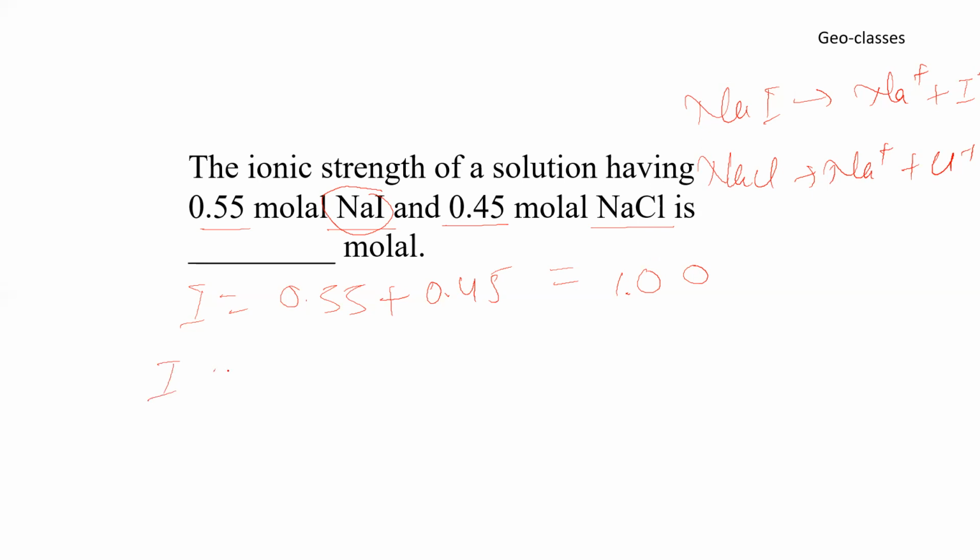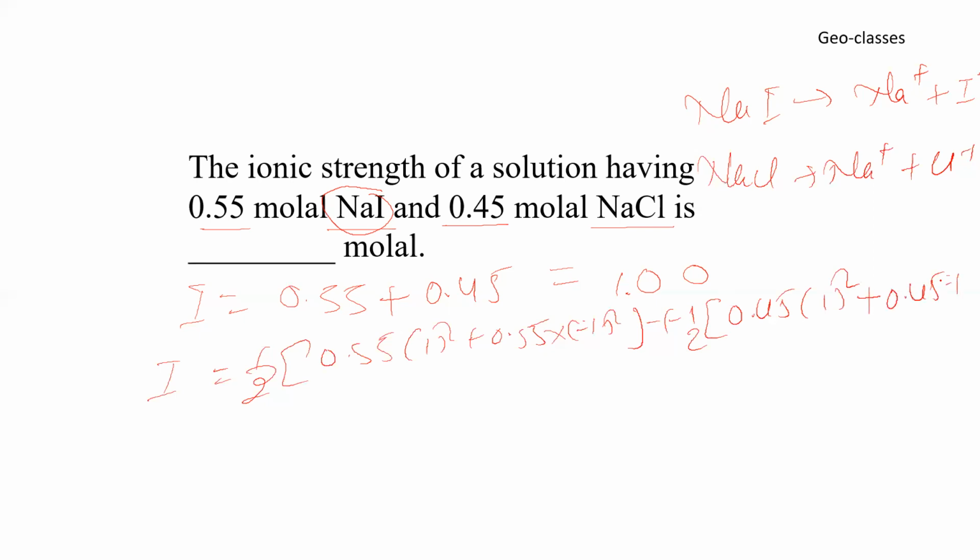So let's solve. Half, 0.55 into 1 square plus 0.55 into minus 1 square, plus half, and again 0.45 into 1 square, cation square for Na plus, 0.45 into minus 1 square for Cl.